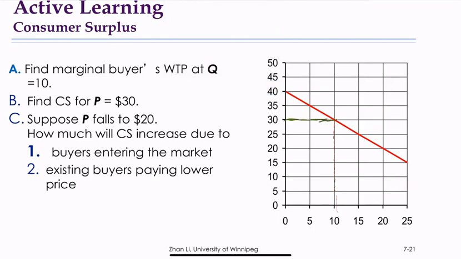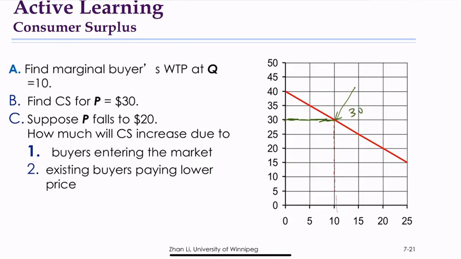And you can see that the marginal buyer's willingness to pay at quantity equals 10 is just 30, because this guy here would just leave the market if price rises a little bit above 30. So this guy is a marginal buyer, and his or her willingness to pay should be $30.